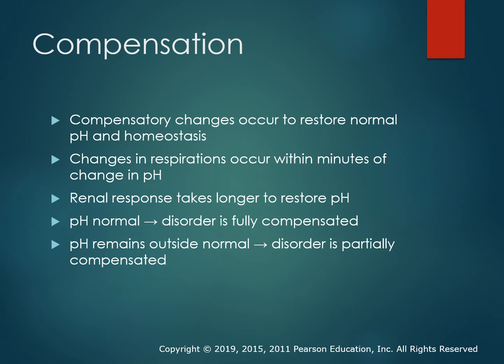So what happens when we have a term called compensation? This is where your body is trying to correct the acid-base imbalance, okay? With primary acid-base disorders, compensatory changes in other parts of the regulatory system occur to restore a normal pH and homeostasis. It's trying to compensate, it's trying to repair the condition.